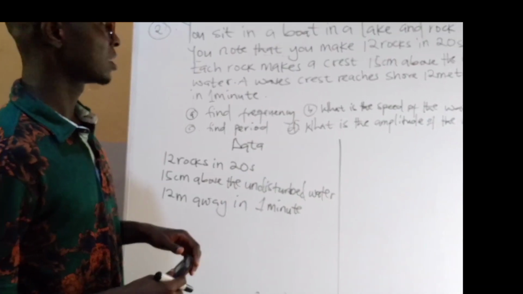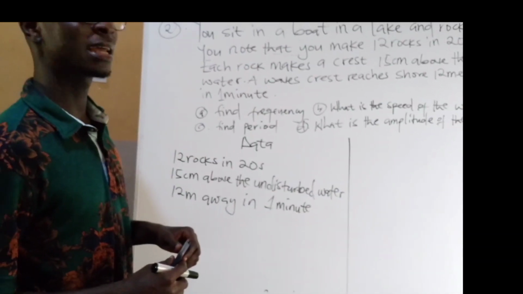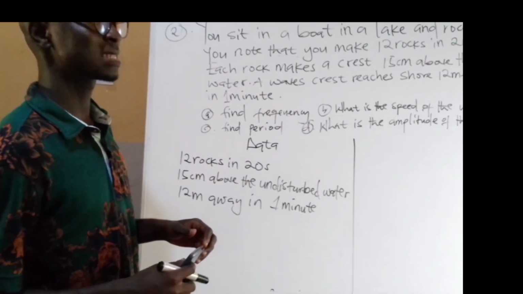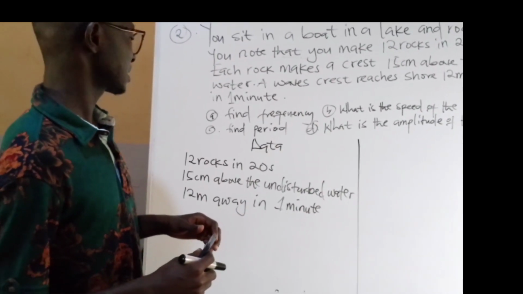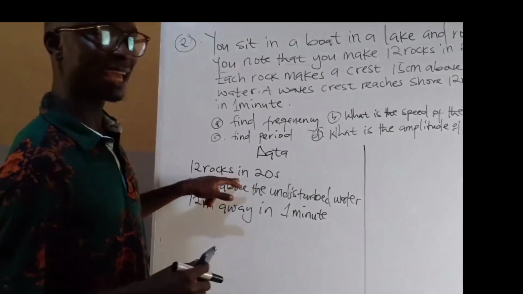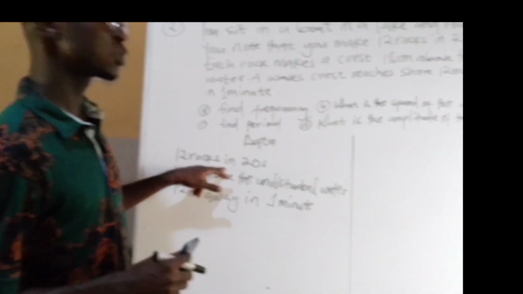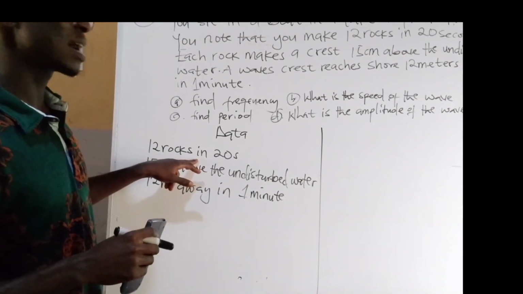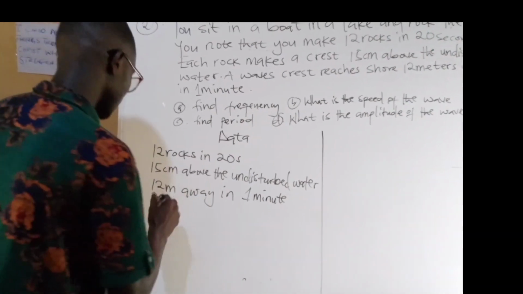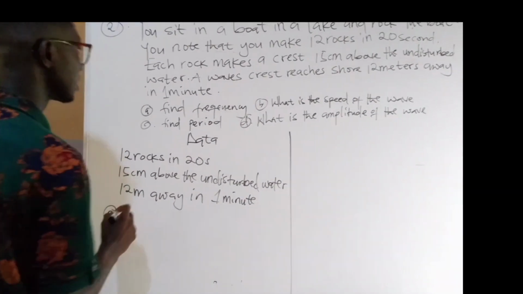What does it represent? We said that frequency is the number of oscillations made in a time of 1 second. So we could say that the first aspect of the question is giving a hint to the frequency, because we note that frequency is the number of cycles made in a time of 1 second. So our first question, the frequency.